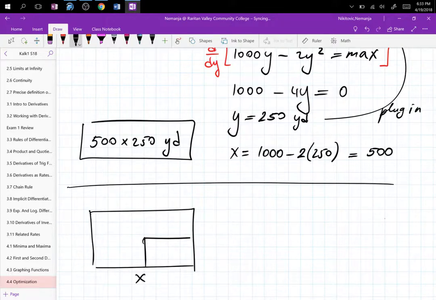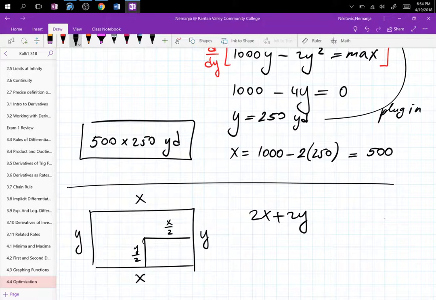So that's x, that's y, and then over here, let's say x over 2, and y over 2, right? This geometry would clearly add to regular 2x plus 2y perimeter, because you have the perimeter fence on the outside. That's 2x plus 2y.